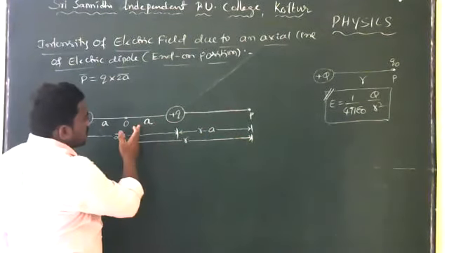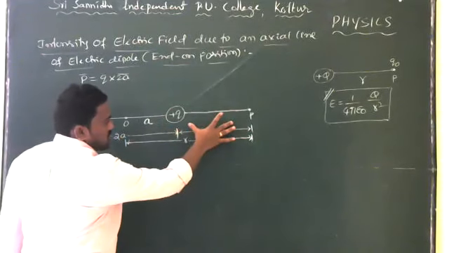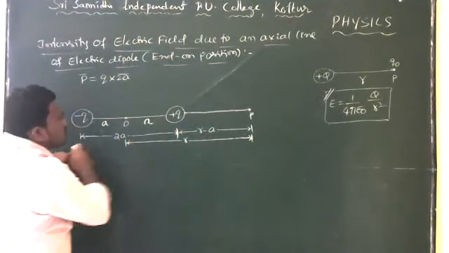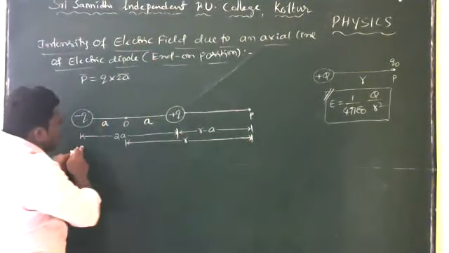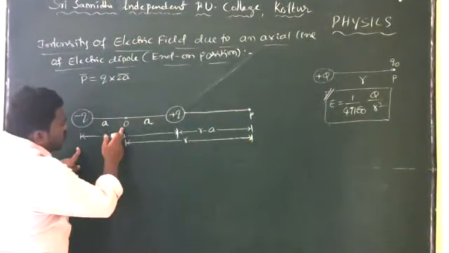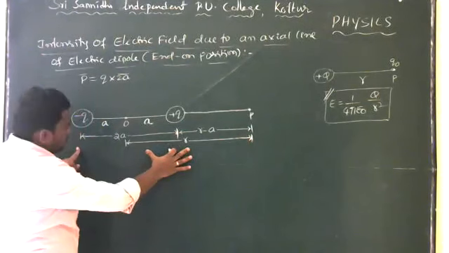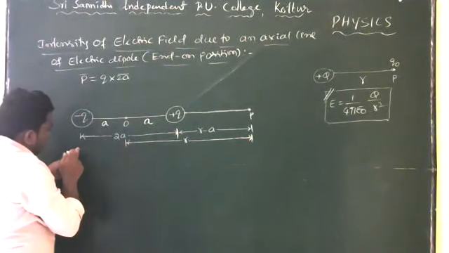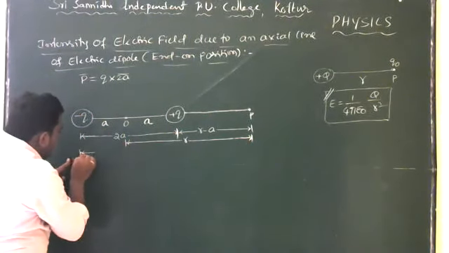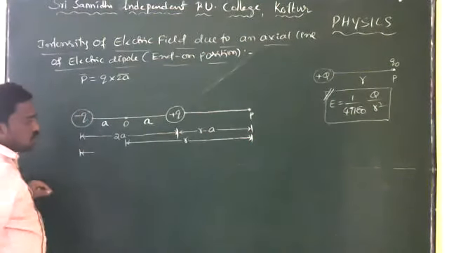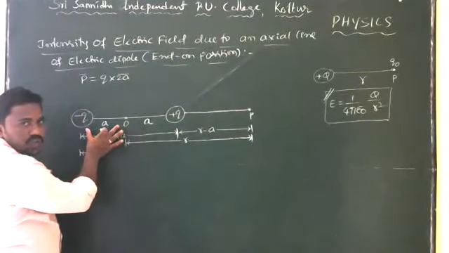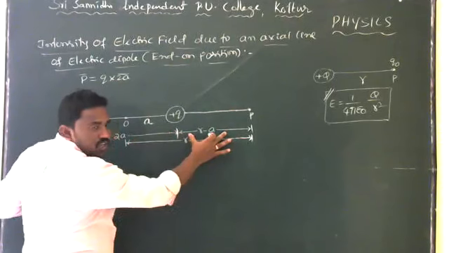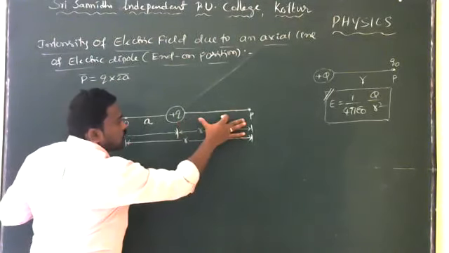Next, calculate the distance between minus Q and P. Here the center of the dipole to P is r, and the center of the dipole to minus Q is a. Here we add the distances.